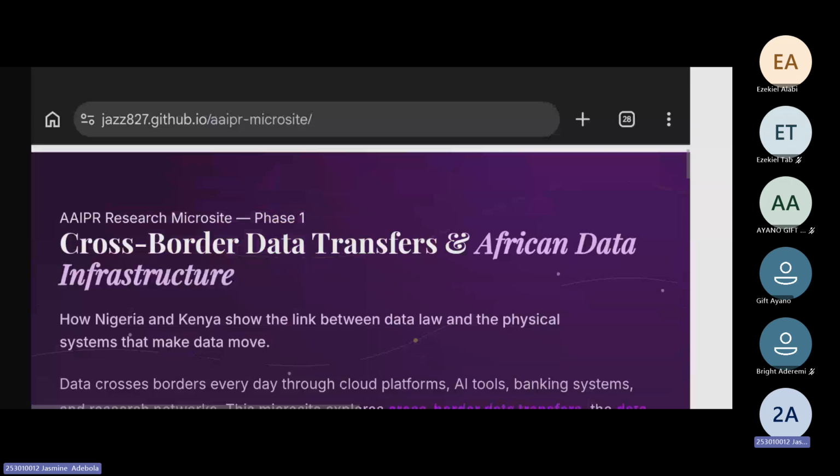Two topics that really stood out to me during this AIPR program were cross-border data transfers and African data infrastructure. They don't talk about the same thing, but both are part of something very large, so they can interconnect. That's what I'm going to be explaining.